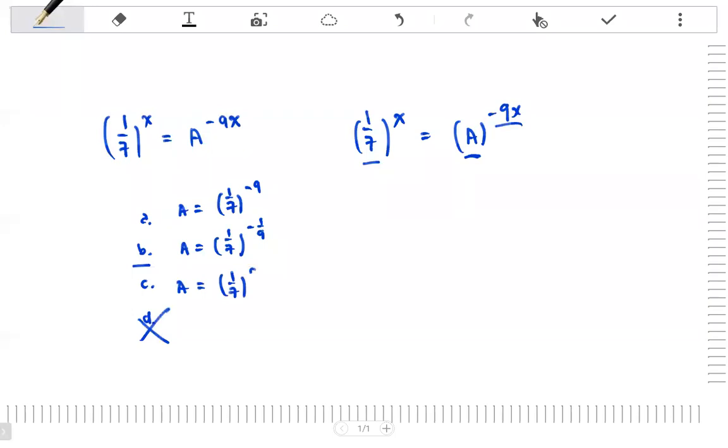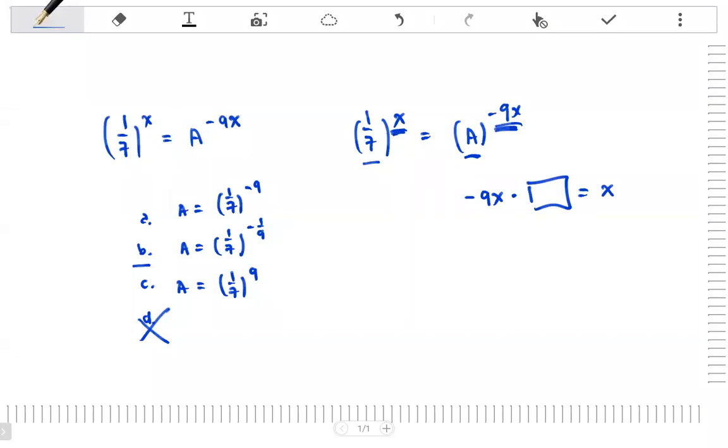Let me just write that down. Okay, we can rule out D. And from these 3 choices, now we look at the exponents to see which one would fit just x. Well, negative 9, this is just x. So negative 9x multiplied by something has to equal just x, so that the exponents are the same when we put it in here.